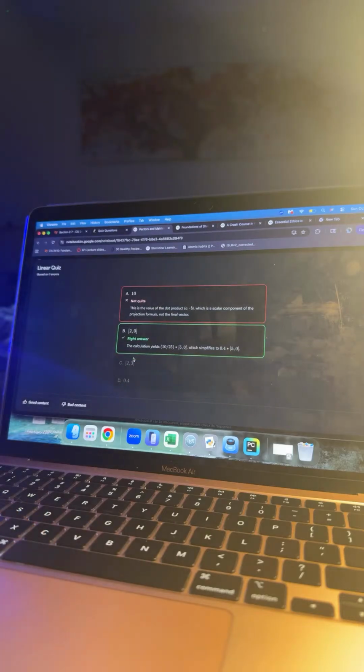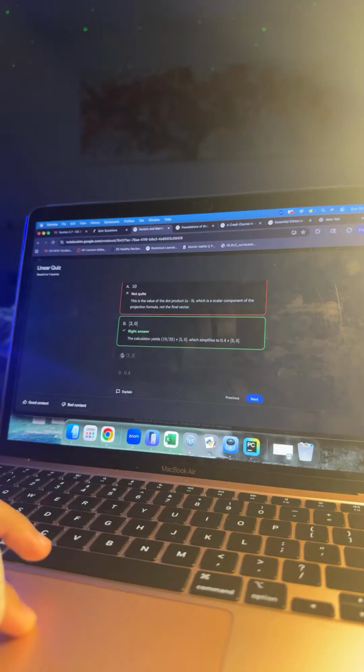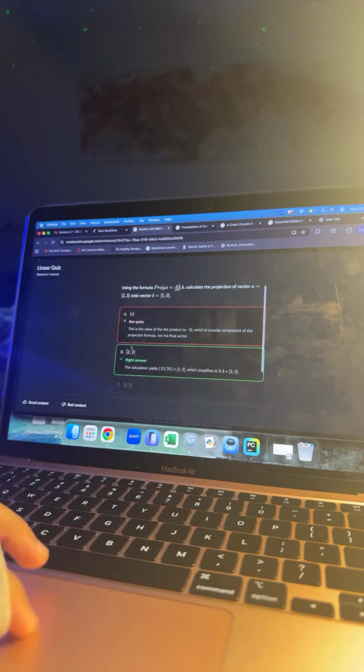If 10 over 25, but isn't the magnitude supposed to be 5? Therefore 2? If the magnitude of b is supposed to be square rooted, so the magnitude of b squared.